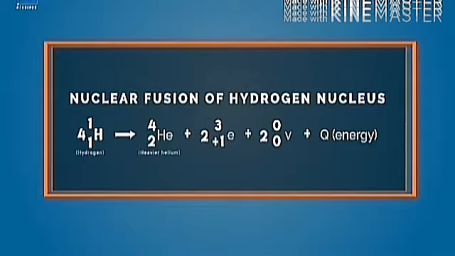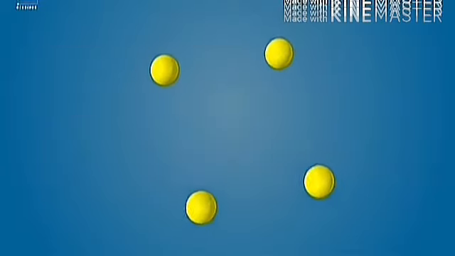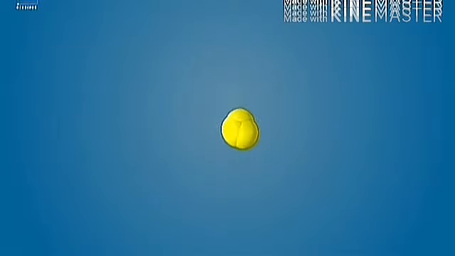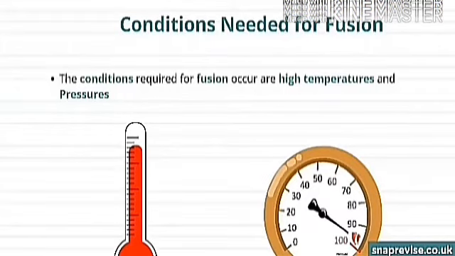The mass is converted into energy based on the mass-energy relation E = mc², which was proposed by Einstein in 1905, where E is energy, m is mass, and c is the velocity of light.